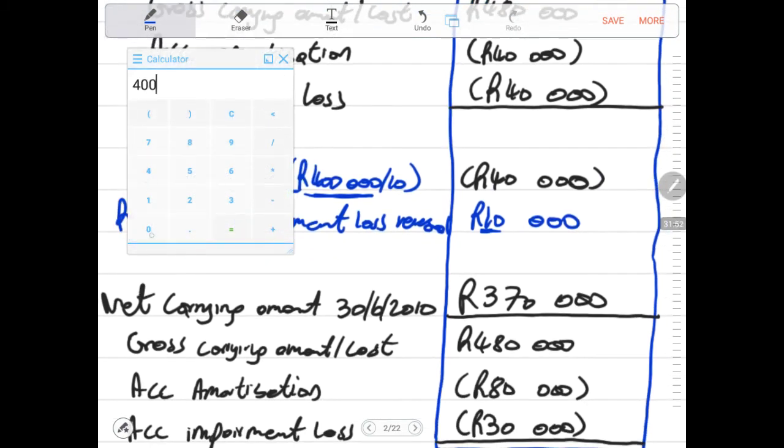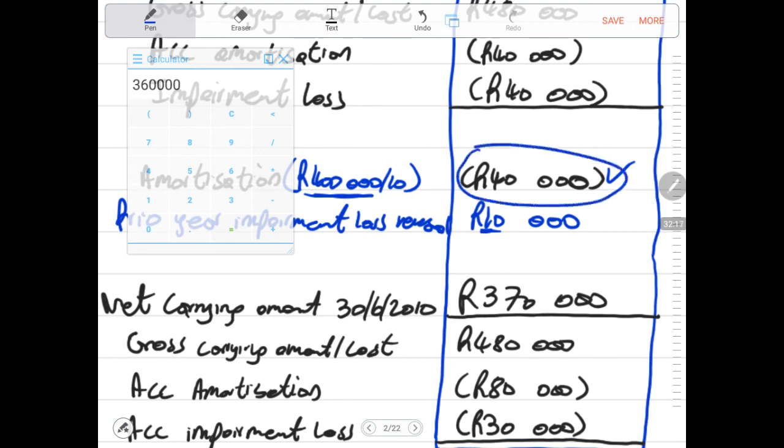So we say 400,000 rands minus 40,000 rands. Now, why am I deducting 40,000 rands? Because of the change in estimate, we had a new amortization of how much? Of 40,000 rands.